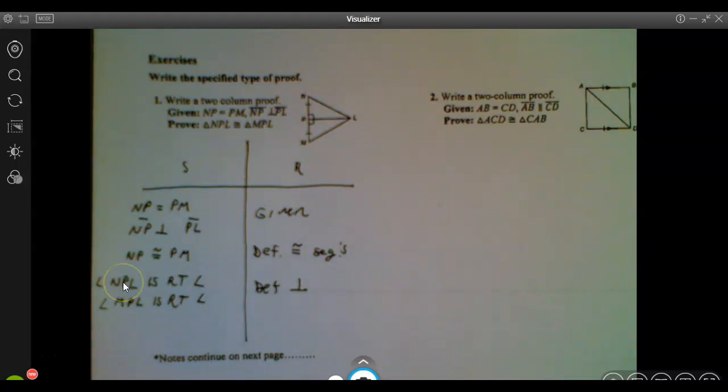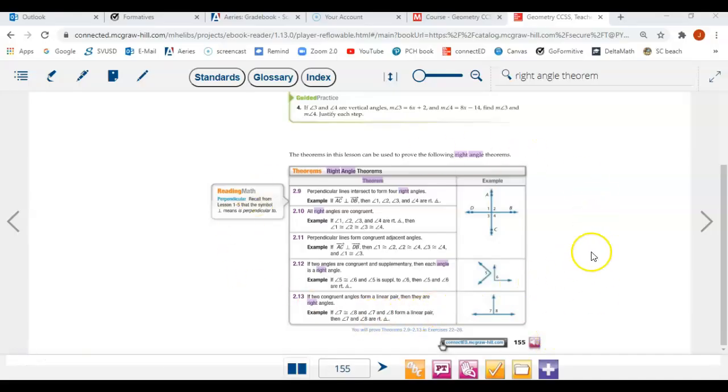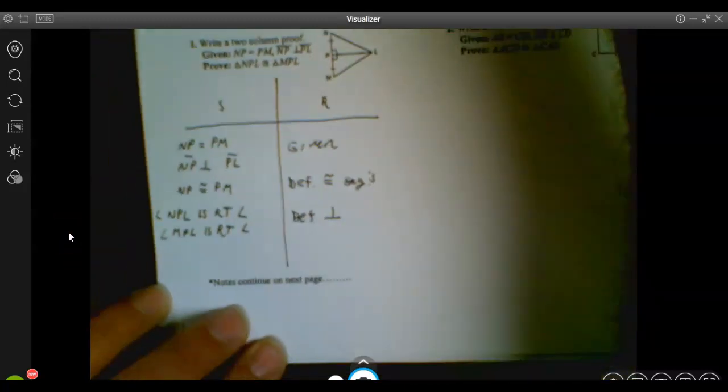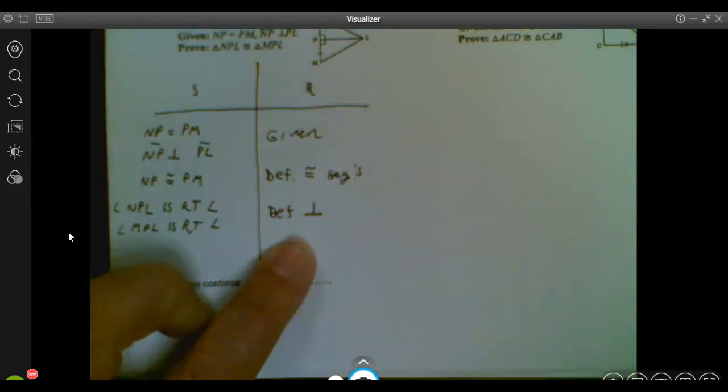So now that we know that these two are right angles, we can use the right angles theorem to say that they are congruent to each other. As I look at this chart on the bottom of page 155, here's the theorem that we can now look at. There was a theorem that came up in chapter 2 that said that all right angles are congruent. So do keep in mind that there are 2 ways to write a reason in the reason column.